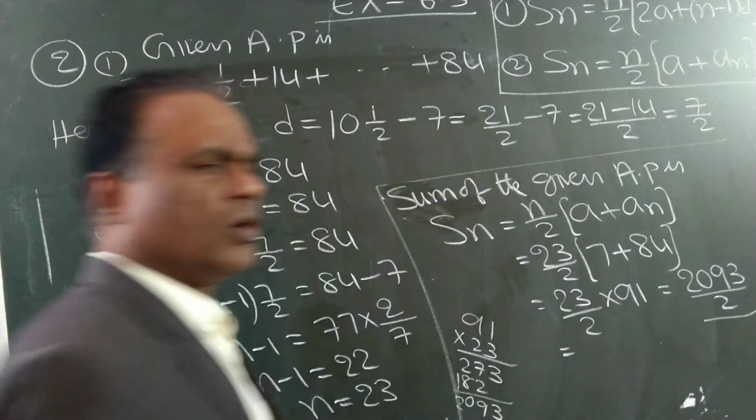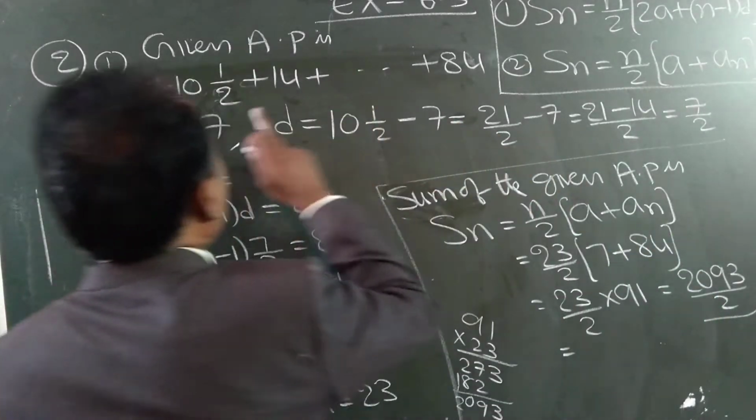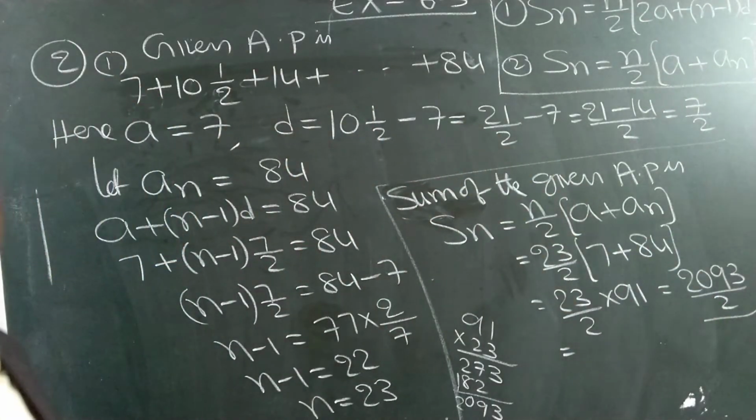Or you can change it into mixed fraction. Divide with 2, you can change like this, mixed fraction. Or leave it, that is enough.